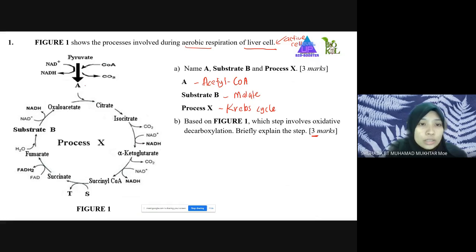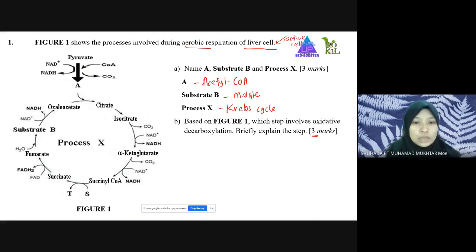So here 3 marks and dia suruh explain briefly the steps. Apa yang awak boleh buat ialah awak mention salah 2, maksudnya 2 of the steps from what to what, and then awak explain apa itu oxidative decarboxylation.